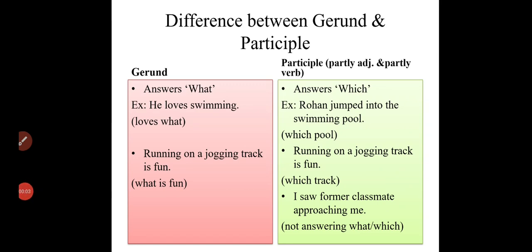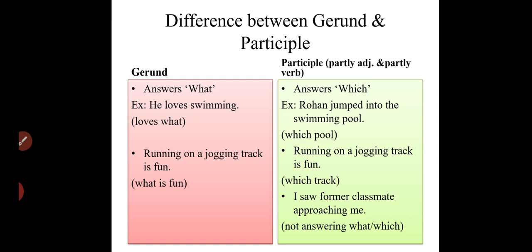Hello students, we are doing non-finite verbs and we have also discussed the uses of three types of non-finite verbs, that is infinitive, participle and gerund. But we have seen that gerund and present participle look very similar in form.